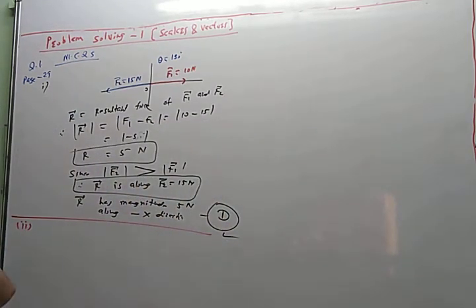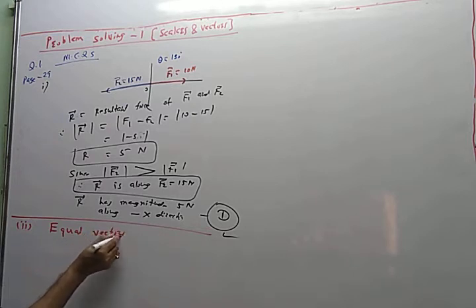So equal vectors. Two or three vectors may be equal.